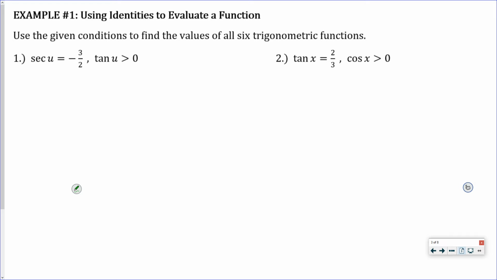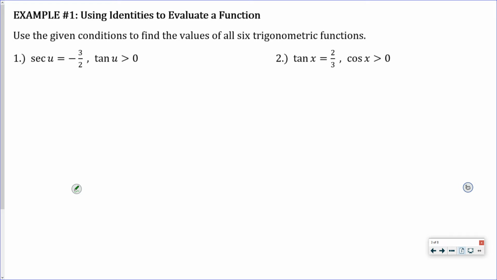But we're not going to do that. We're going to do it using the identities. And actually, this is a better method than drawing the right triangle because these give you all the algebraic possible values, and then you have to think of what quadrant we're in.